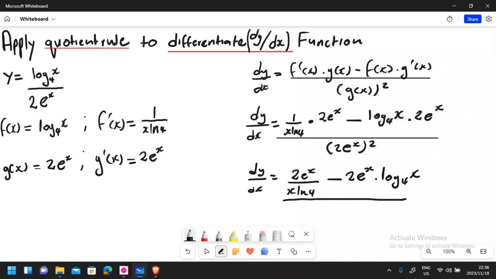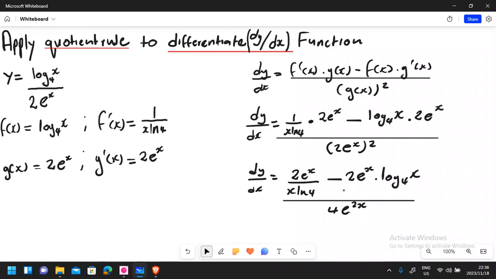This is divided by 4e to the power of 2x. There we go. Because we have 2 here as an exponent, this is going to give us 4, and x multiplied by 2 is 2x, the exponent.